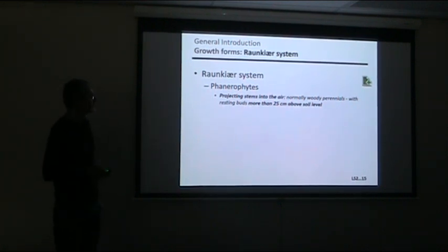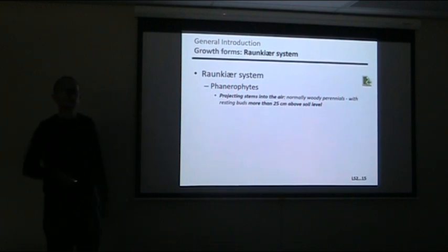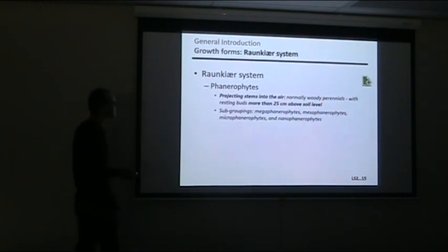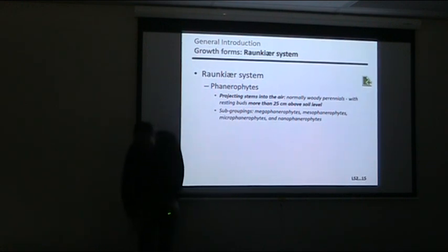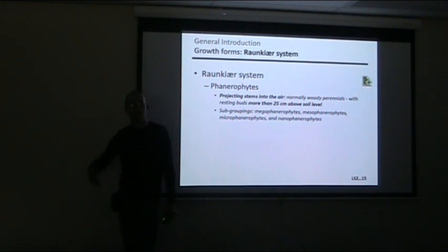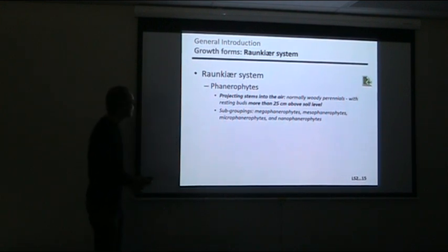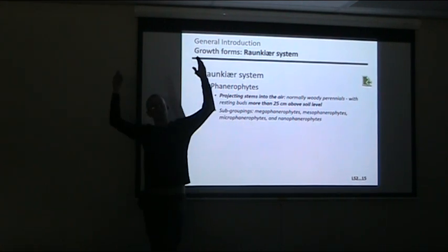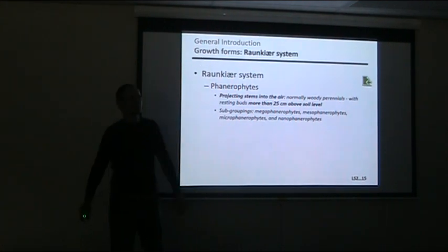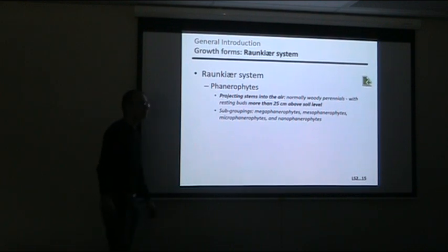So woody perennials where your growth buds are higher than 25 centimeters. And those are all broken up. I mean, 25 centimeters is quite a low threshold to pass, so most things would be phanerophytes. And there are megaphanerophytes, so those would be your forest trees, your redwoods that grow tens of meters, sometimes hundreds of meters tall.